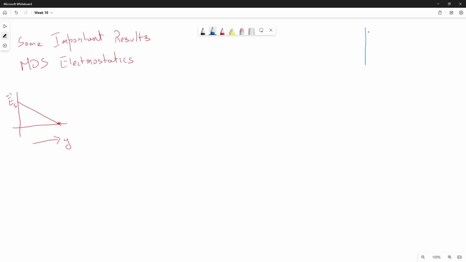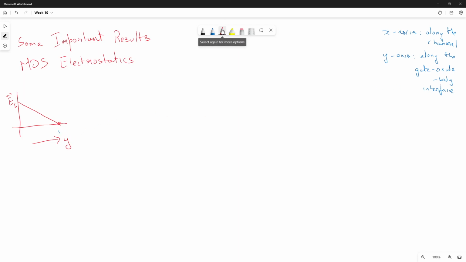The x-axis is along the channel, and the y-axis is along the gate oxide body interface. Is this clear?